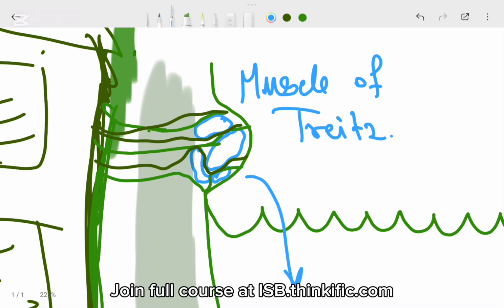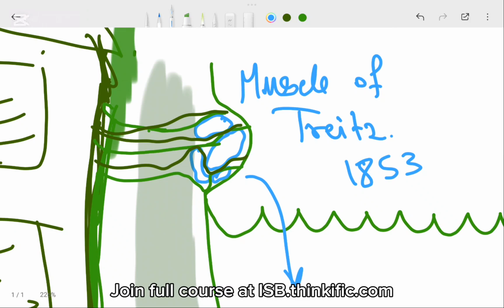Treitz, I think, described this structure in the 1850s, maybe 1853 or 1852, I'm not sure. He just gave it a description. But now we come to know that this structure is so important in supporting the anal cushions.